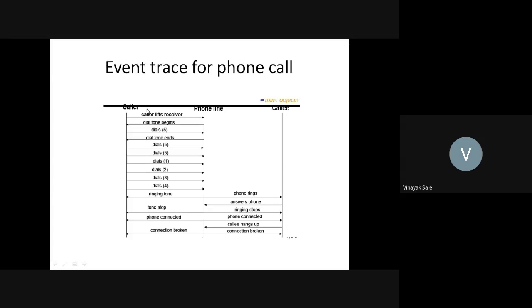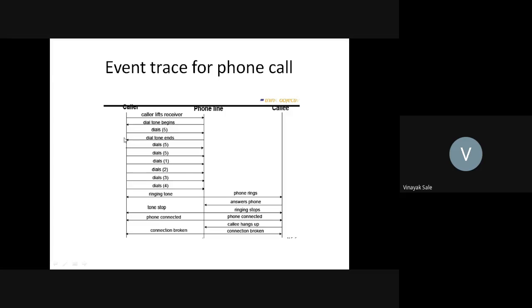When the phone line is in the idle state, the first object, the caller, lifts the receiver. This is the first event. The reply from the phone line to the caller is that the dial tone begins.